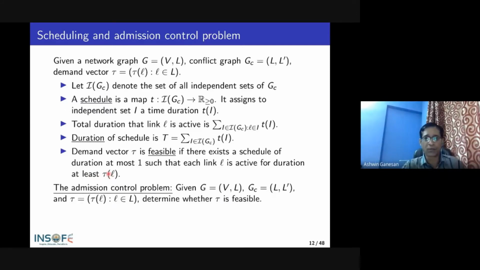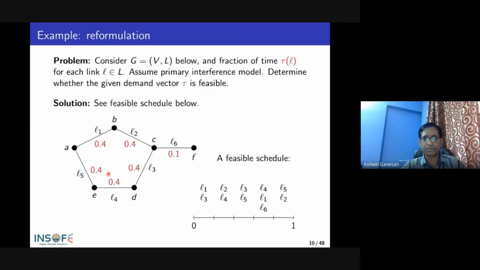So going back to this example, these demands, 0.4 for link L1, 0.4 for link L2, 0.1 for link L6, these demands are feasible because you have a schedule of duration at most 1 such that the schedule maps the independent set L1 and L3 of the conflict graph to the duration 0.2, that's the fraction of time that L1, L3 would be active.